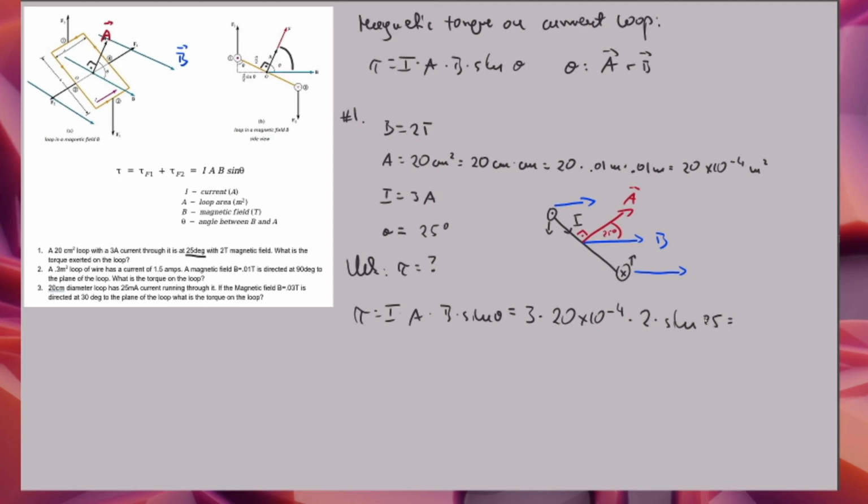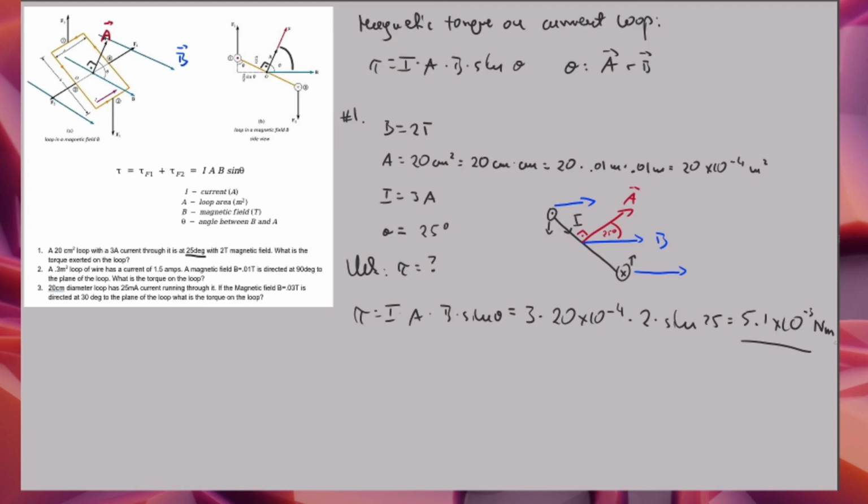Let's calculate this and see what we get. I got 5.1 times 10 to the negative third, and the units are Newton meters.